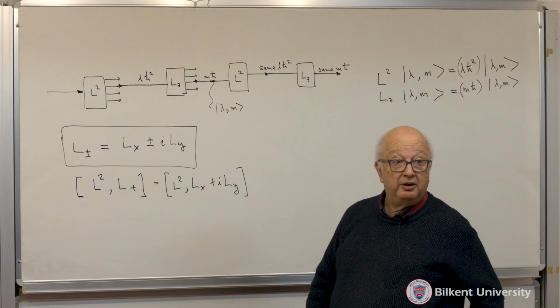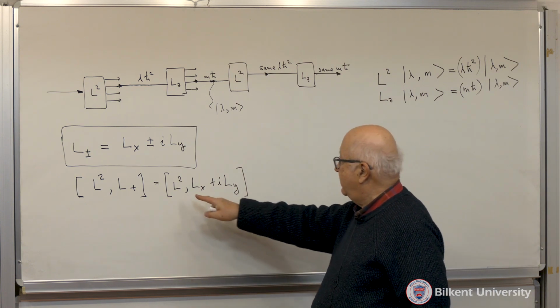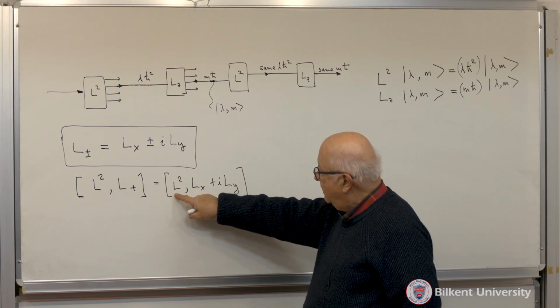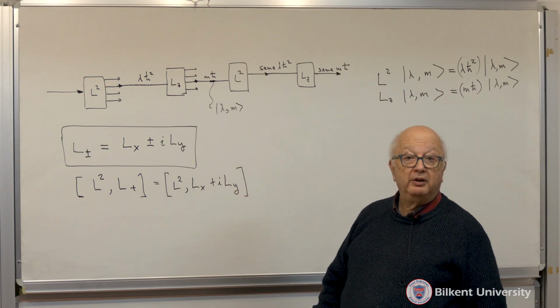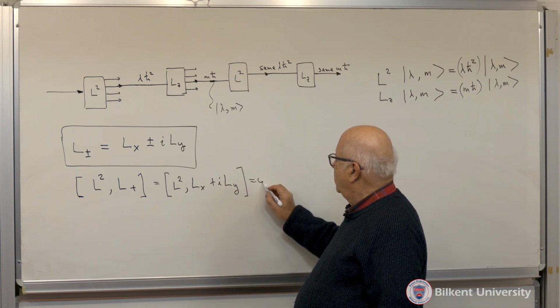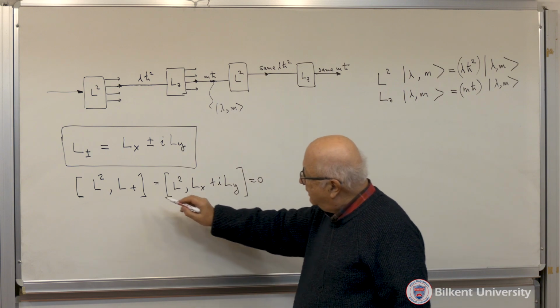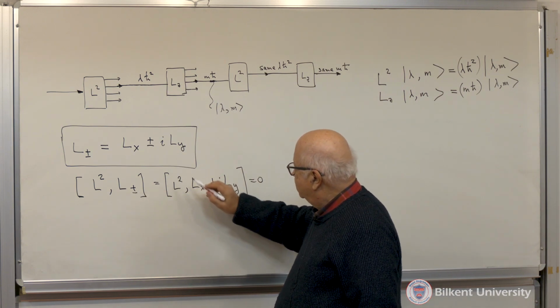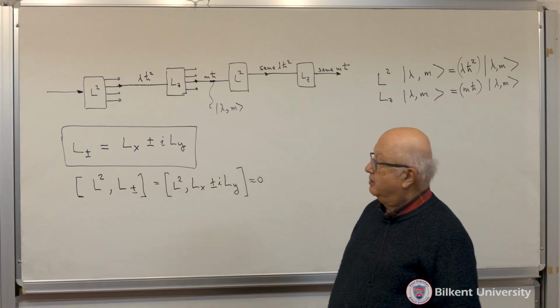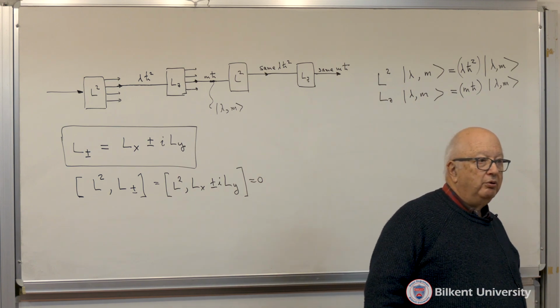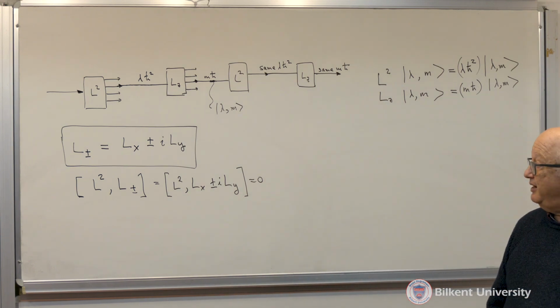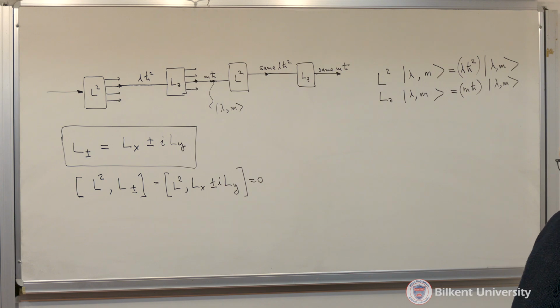What is this? 0, right? Because L squared commutes with Lx, L squared commutes with Ly, so this is 0. Similarly, if I put an L minus here, all that changes is this sign. So L plus and L minus operators commute with L squared.